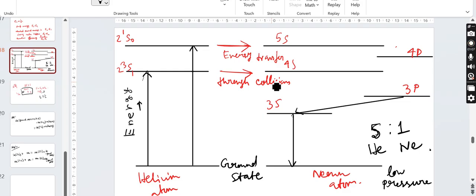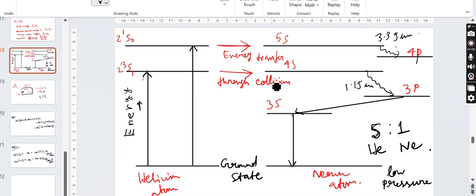After going to 5s and 4s, what happened? These atoms can go to 4p and give us 3.39 micrometer wavelength. The atoms in the 4s can go to 3p and give 1.15 micrometer.